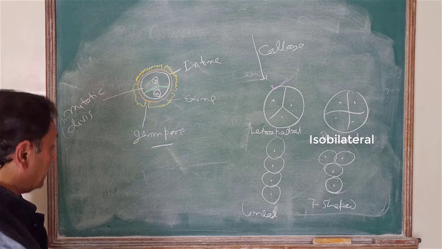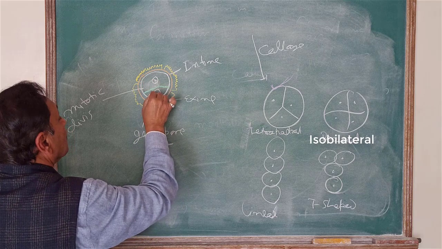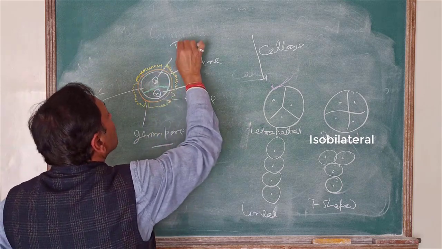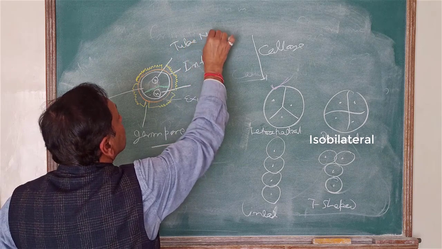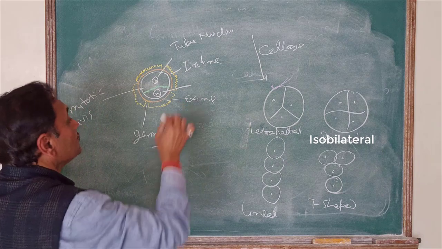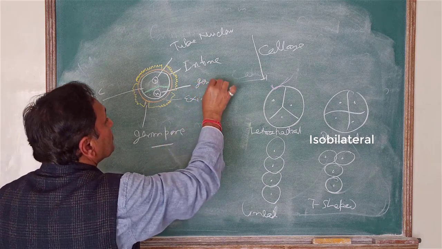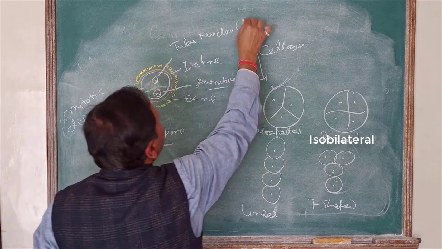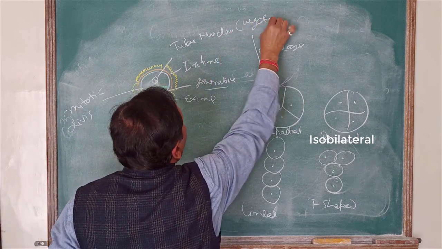One is called the tube nucleus and another is called the generative nucleus. It is also called the vegetative nucleus.